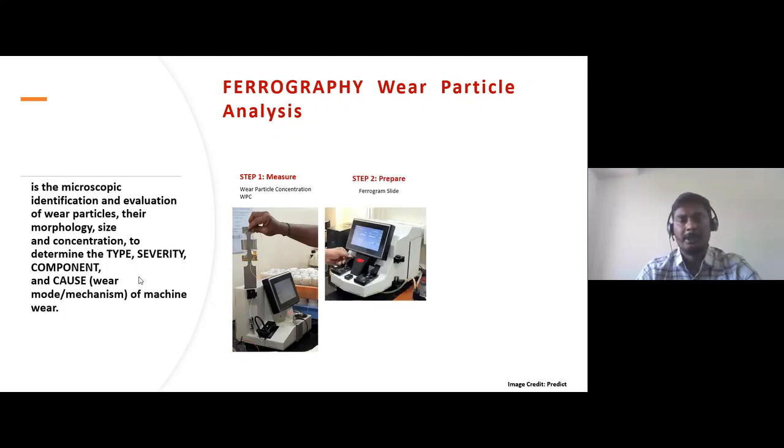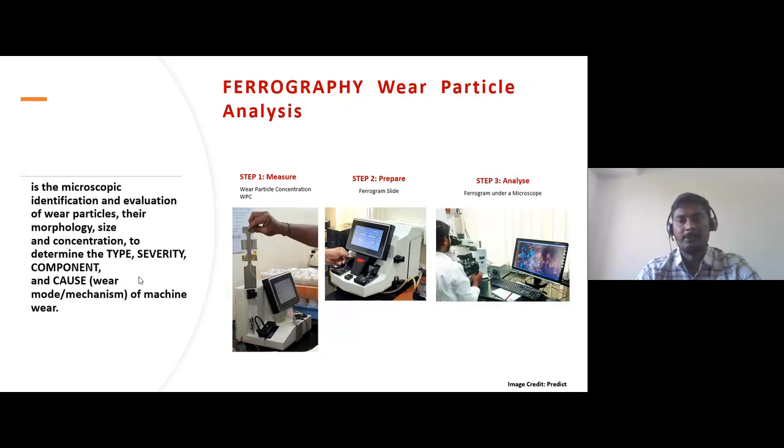Step two, we need to make glass slides and put them on the magnet, so the particles are deposited. After that we look at the types of particles, the severity, and the cause of wear in the machine. We see the morphology, size, contrast and concentration, so we can understand what type of particles is generated.